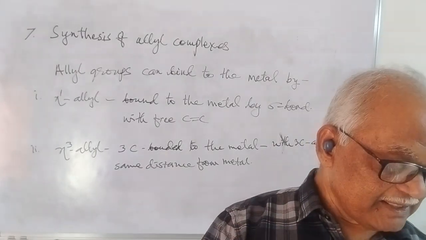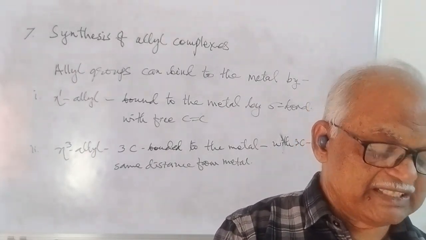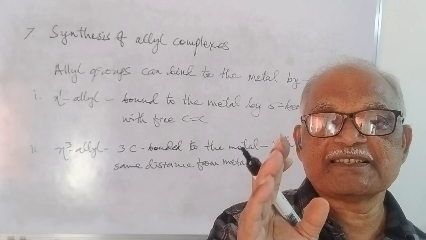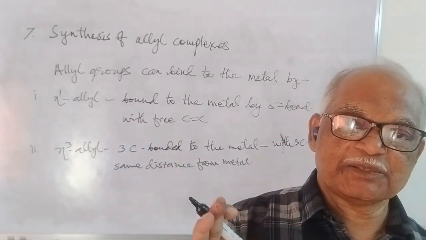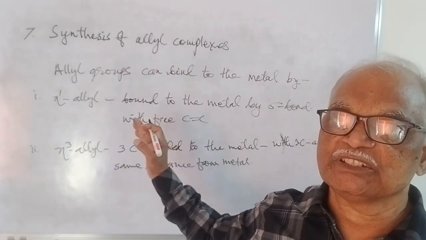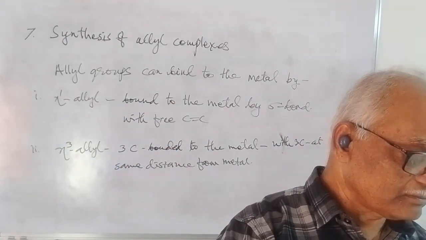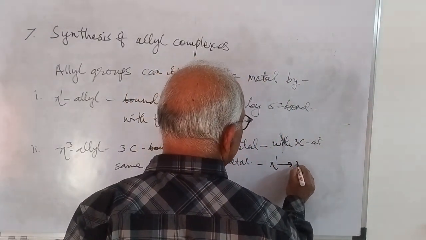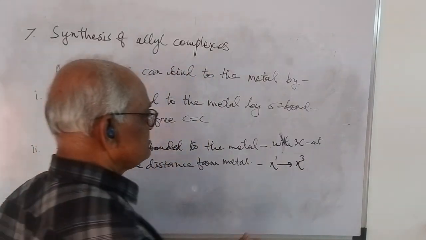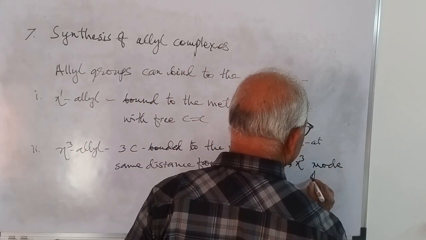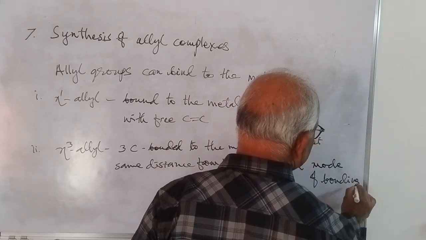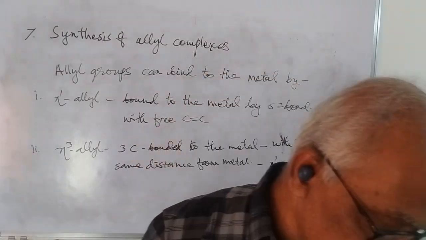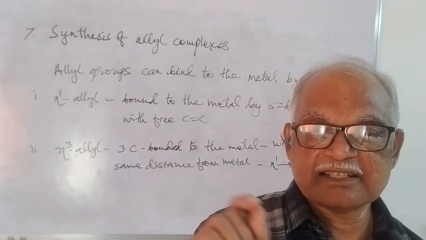The metal-allyl bond is like a switching bond, switching over from one atom to another to the third. So there are 3 modes of bonding in the metal-carbon bond of coordinated allyl groups, from eta 1 to eta 3, as I have said, not fixed.